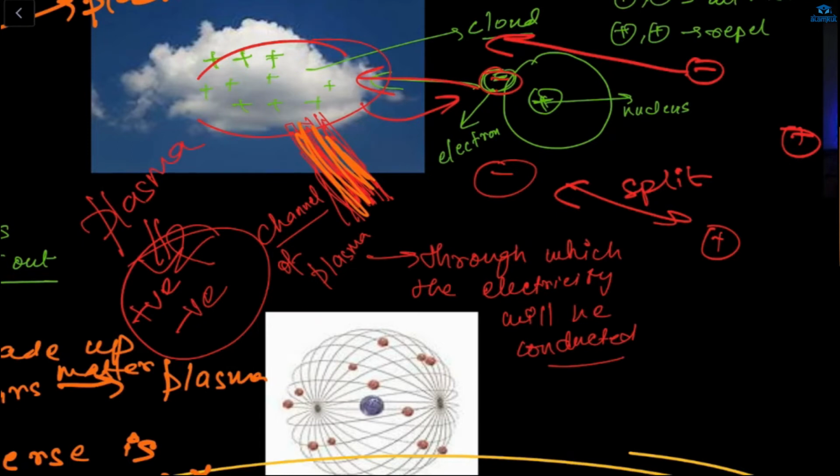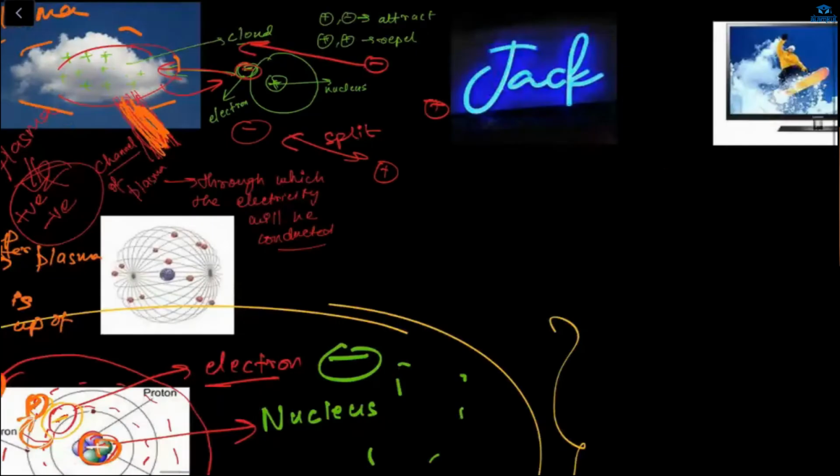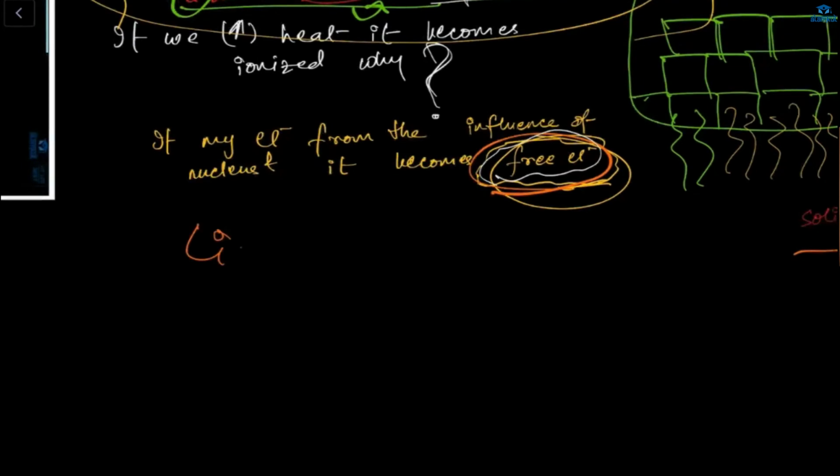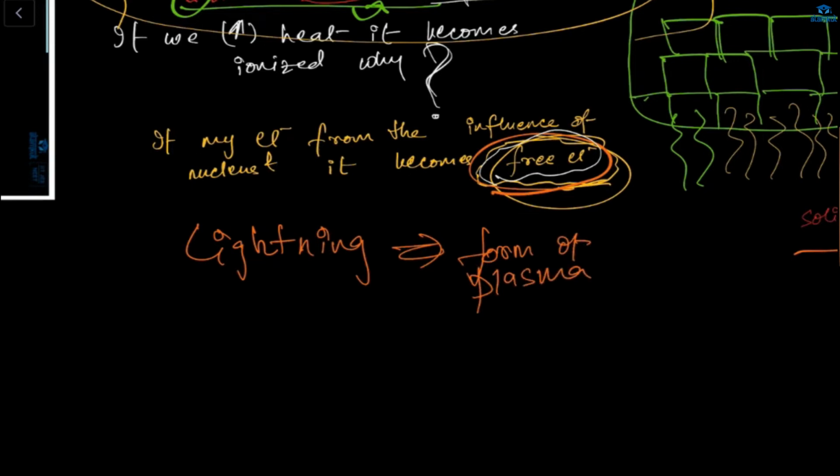Because the positive charge flows from this channel of plasma around the surrounding of the cloud here. That's why the lightning is happening, and lightning is also a form of plasma. Let me write here. Lightning is also a form of plasma, and lightning is known as partially ionized plasma.